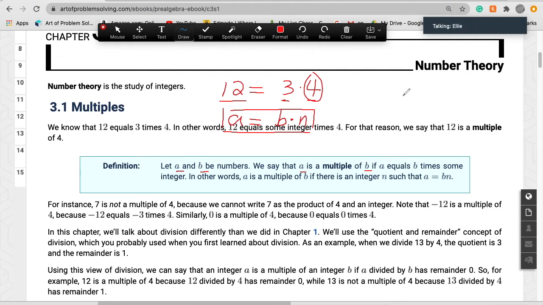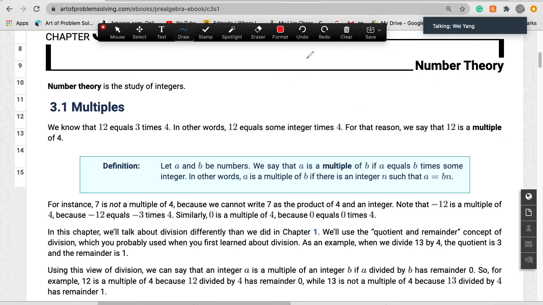Then 3 is a prime number, right? The multiples of 3 will be 3, 6, 9, this kind of number. And the factors of 3 is like you're doing factoring. That's called the factor.